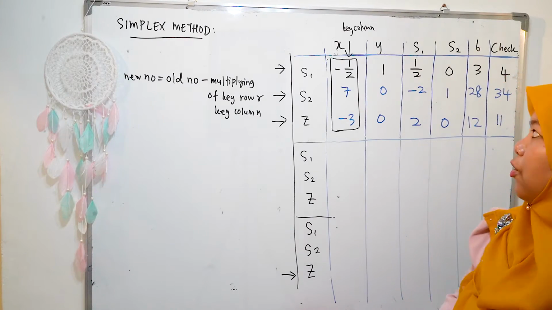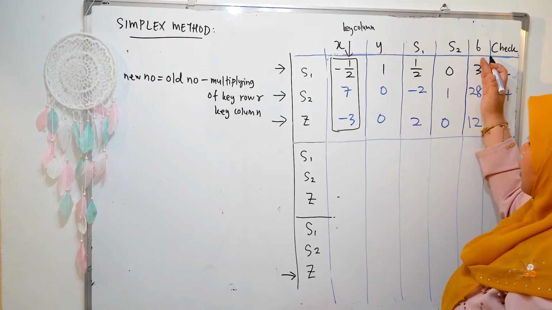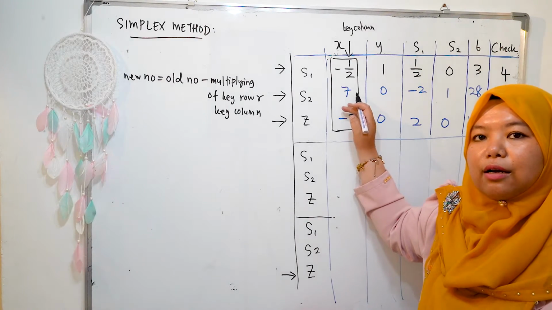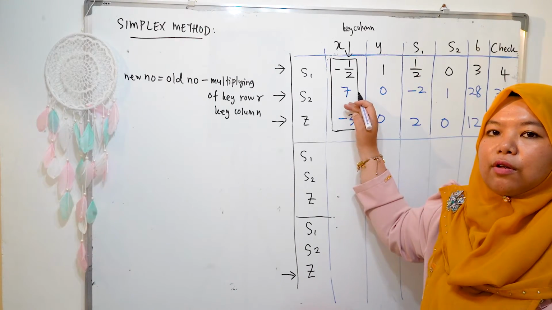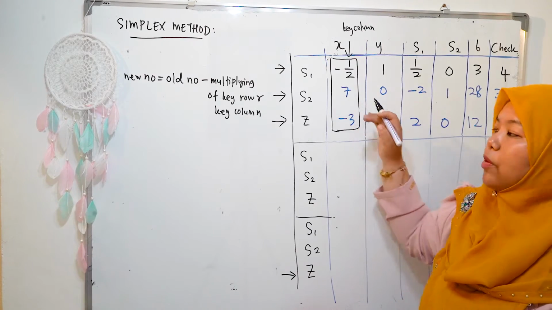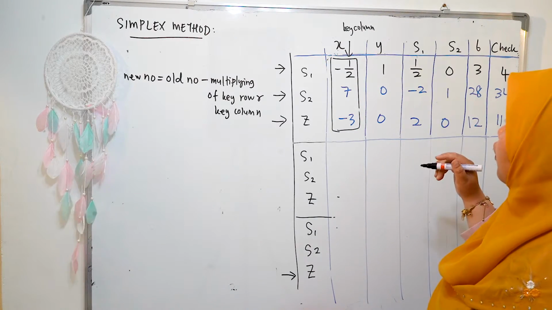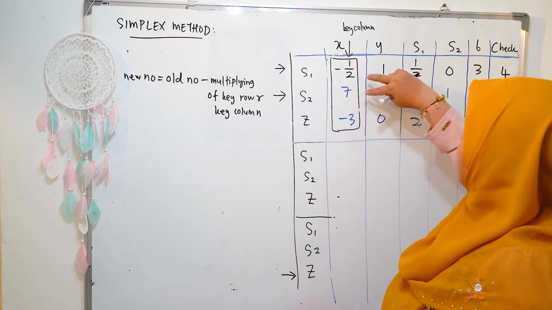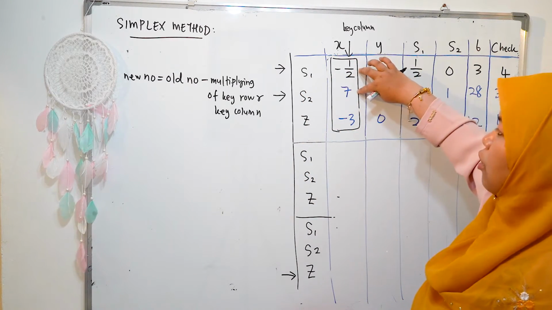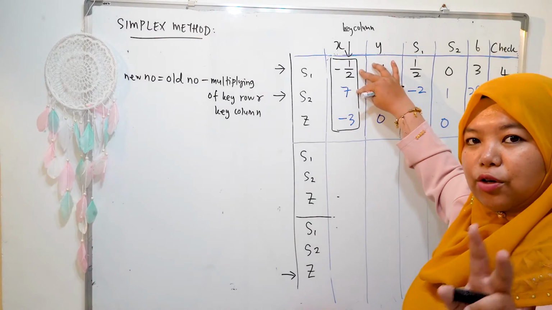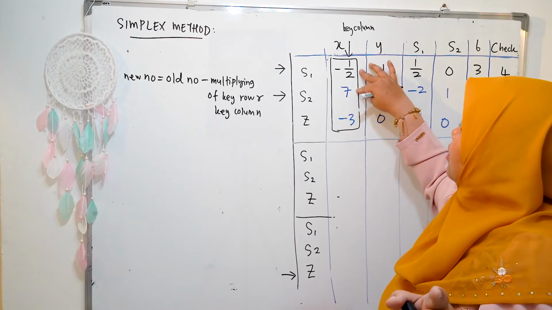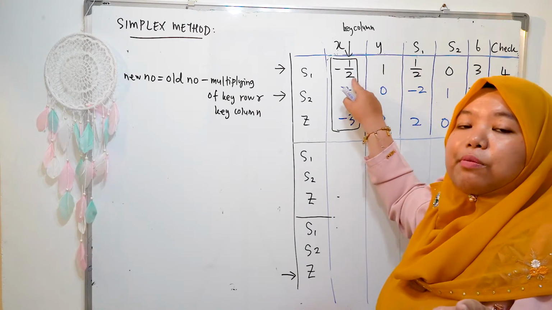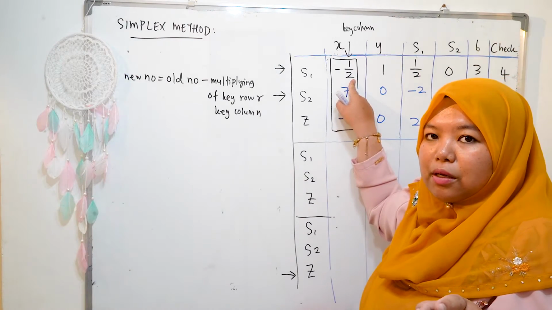Okay, for the key row, we divide with the key column and we check the smallest number. For the key row, we check at the constraint. So we have these two options. For the key row, it cannot be a negative number.